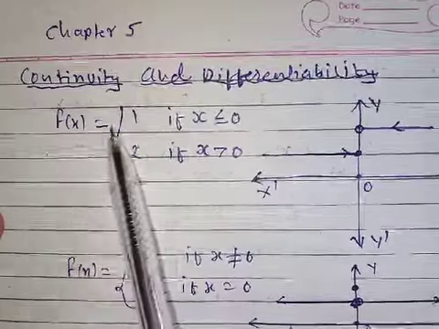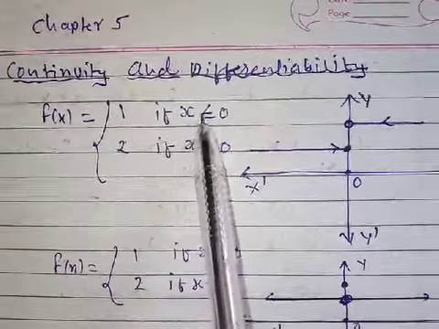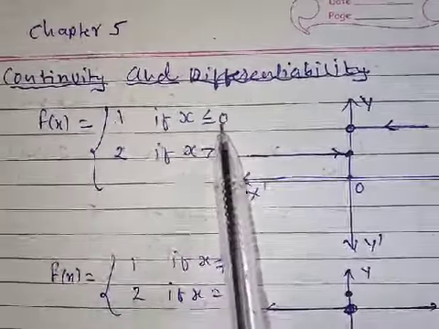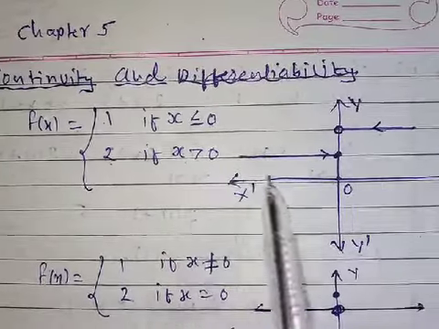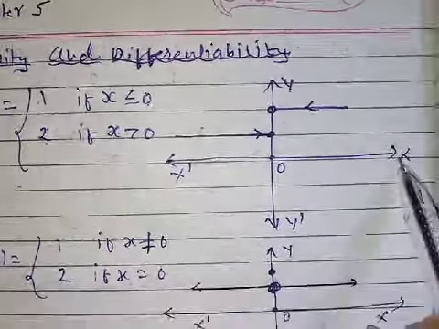f of x is equal to 1 if x is less than or equal to 0, and equal to 2 if x is greater than 0. So plot the graph. Suppose this is the x-axis and y-axis.